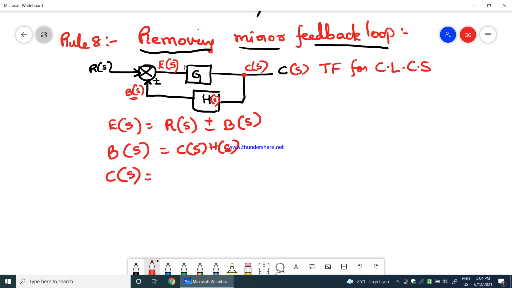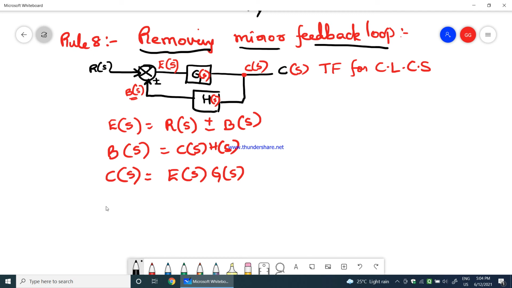This is H of S, this is G of S. C of S is E of S into G of S. Now B of S would be equal to, as it is, C of S into H of S. We have already written that, so let me not write it again.